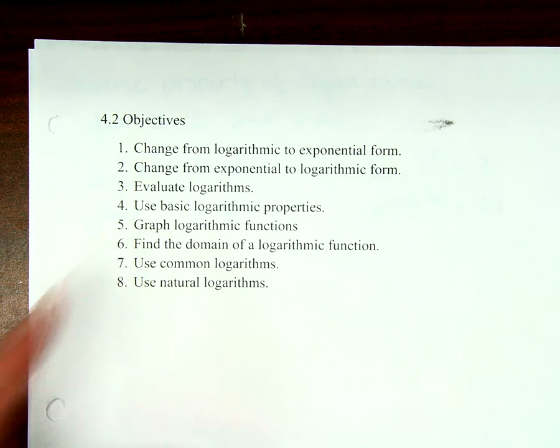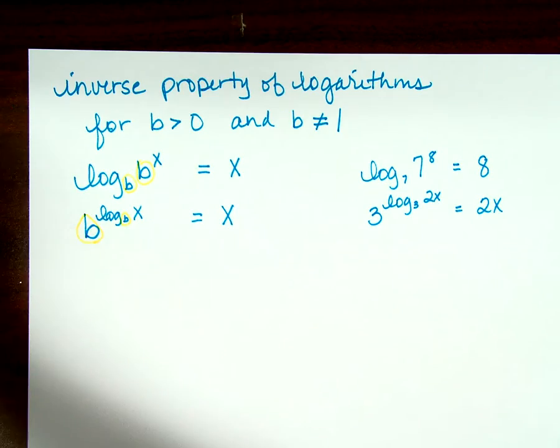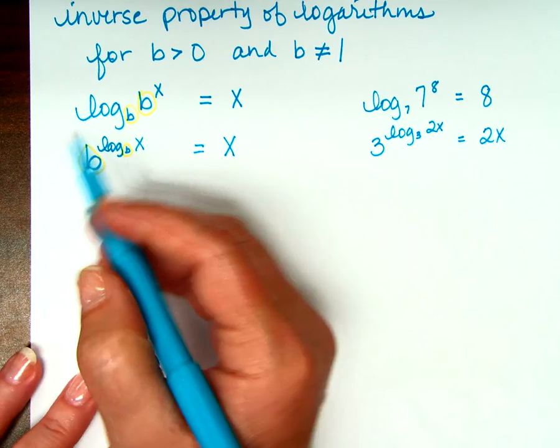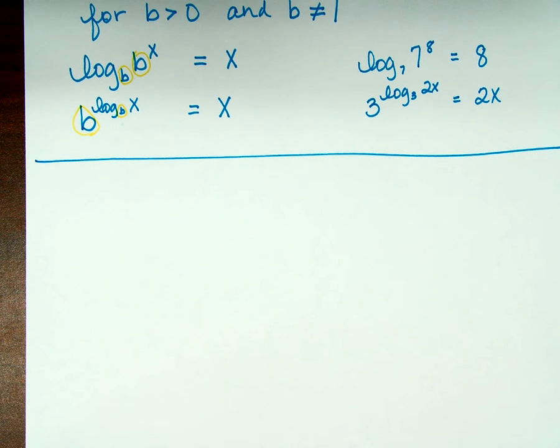Then let's talk about graphing logarithmic functions. Okay? You already know everything I'm about to say. That's the good news. Because what am I going to talk about if we're talking about graphing? What am I going to talk about? Transformations. That's exactly right. Okay? So here we go.